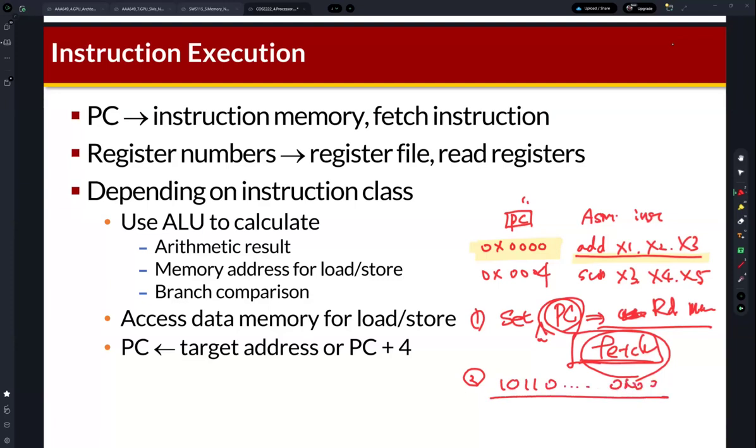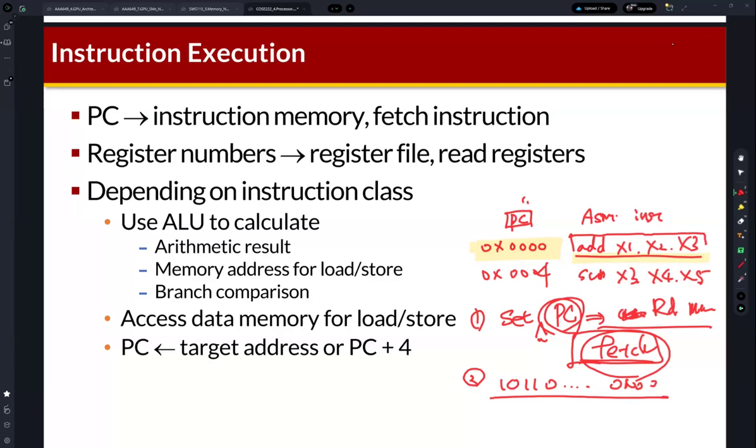So in order to figure out the format of instructions, a processor also needs to decode.